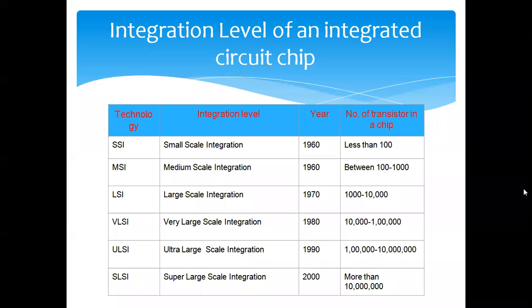It can accommodate almost 10,000 to 1 lakh transistors on a single chip. Then you have ULSI, ultra large scale integration. Again its range increases, to 1 lakh to almost 10 lakhs, or rather more than 10 lakhs.